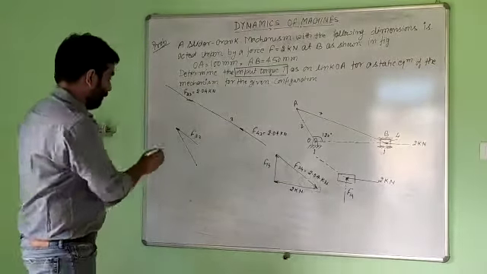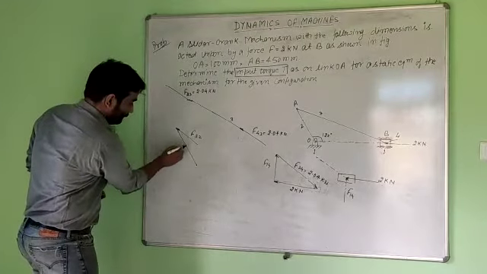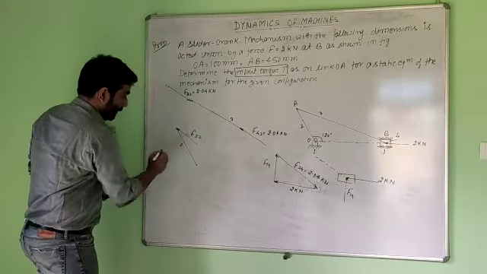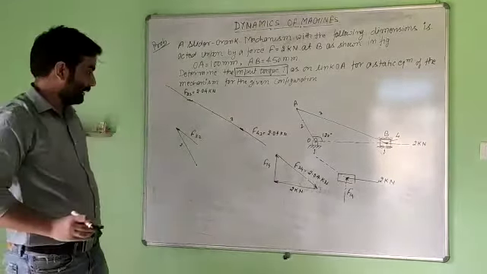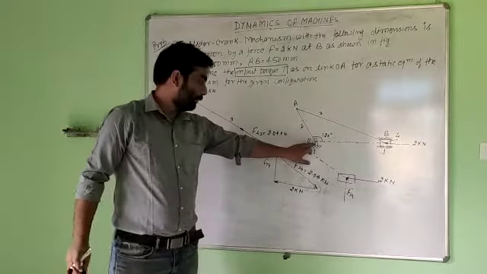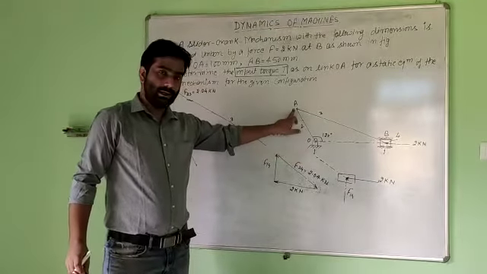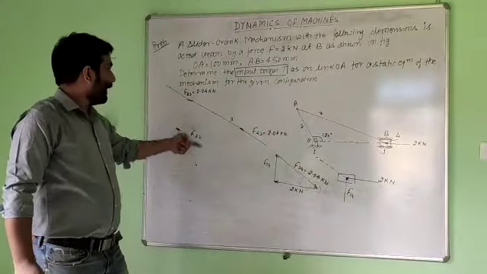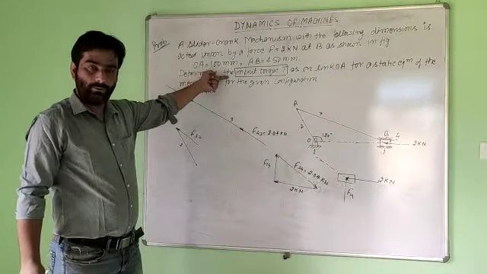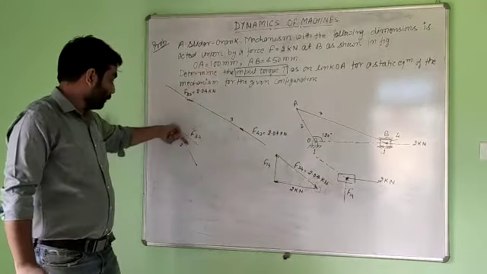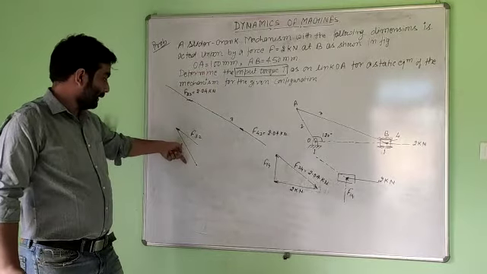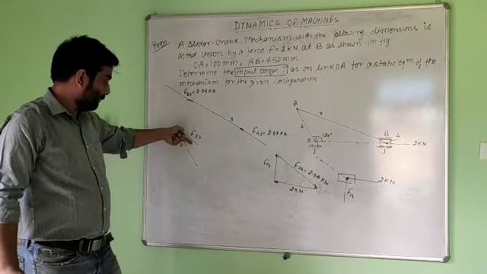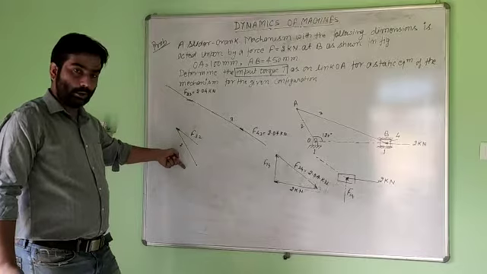Now we have member 2. Member 2 is subjected to two forces. One force will come from here, one force will come from here, and an external torque which we have to calculate. So the member is in static equilibrium under two forces and a torque.